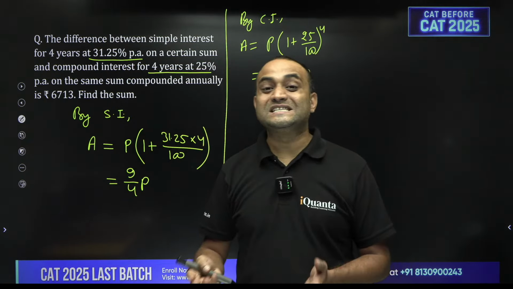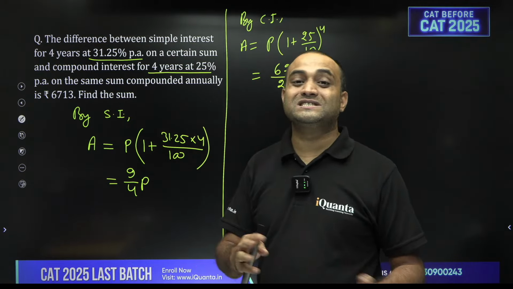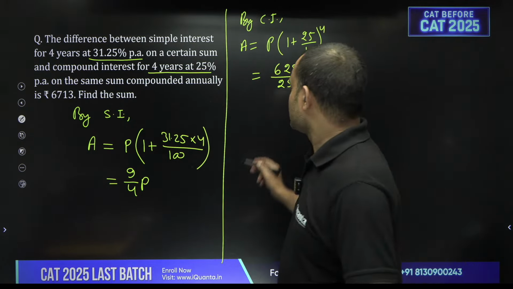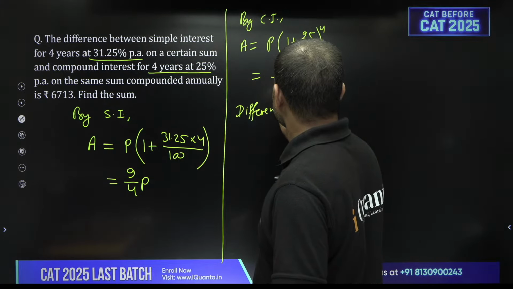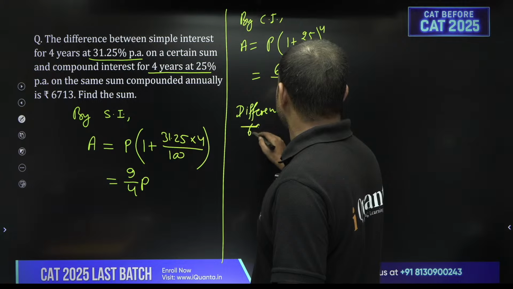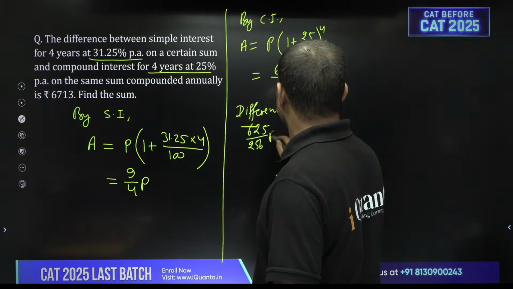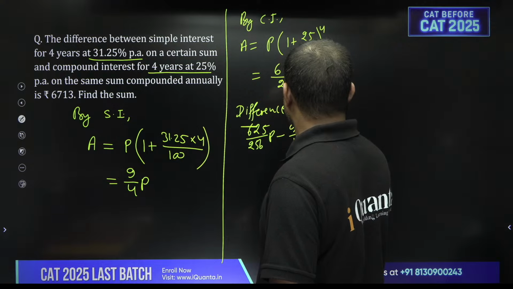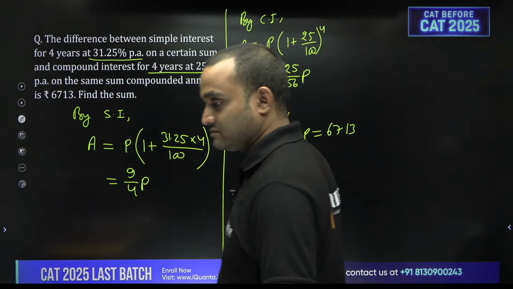So the principal is same in both the cases. So the difference in amount will be same as difference in interest. So what we can say, the difference, which is 625 upon 256p minus 9 by 4p will be equal to 6713.